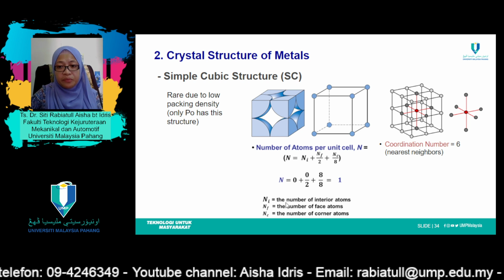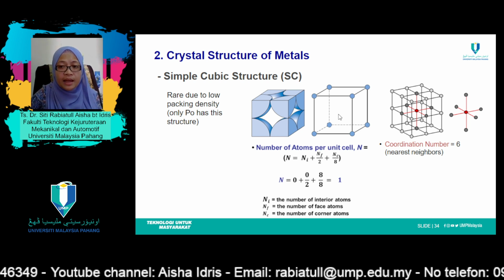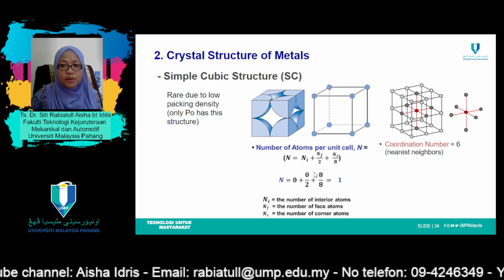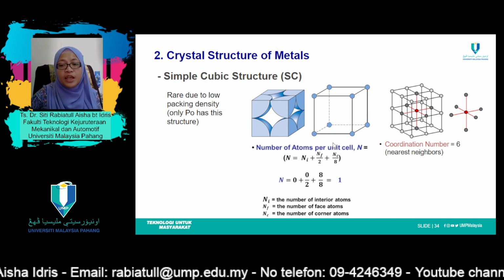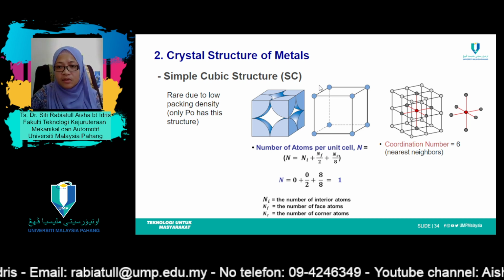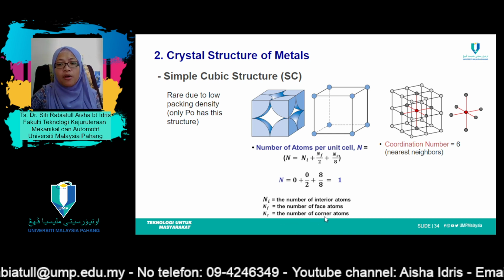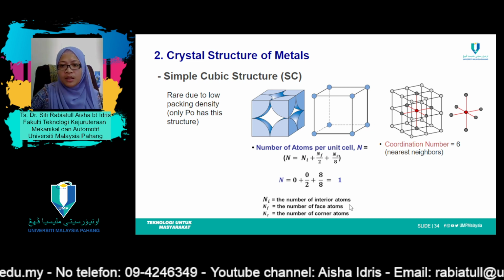Ni represents interior atoms, the atoms that stay inside the unit cell, Nf is the number of face atoms, the ones that stay at the face of each side of the cell, and Nc is the number of corner atoms, the ones that stay at the corners of the unit cell.